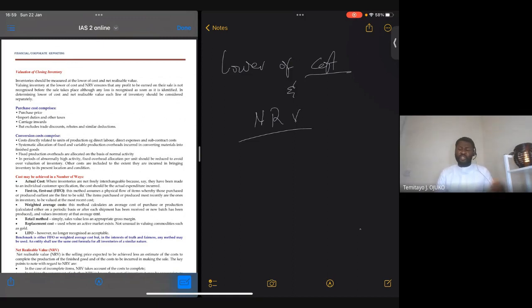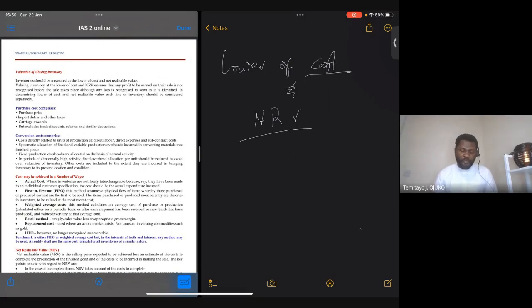Take for example, those days where they sold desktops, and when laptops came into existence, there would have been a loss of value. Or you can take a typical example, iPhones. When there's a new iPhone in town, the value of the old one typically will go down. That is a typical example of how net realizable value can be lower than the cost of an inventory. Naturally, this should not be the case if you have a proper inventory management system.